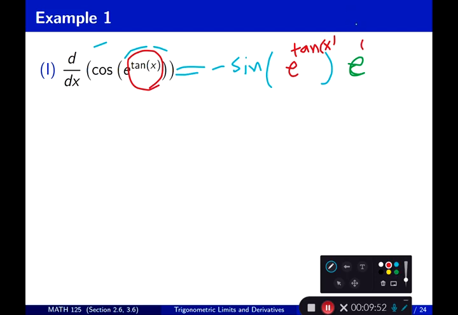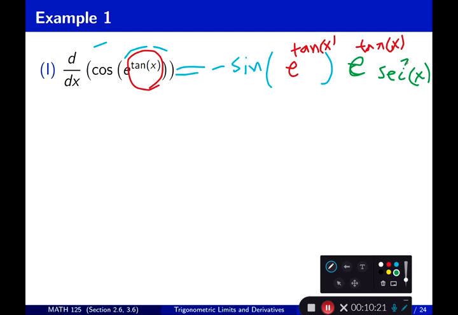The inner function of this part is tangent of x. Then I have to have the derivative of tangent of x. Derivative of tangent of x is going to be the secant squared x. So it's sort of peeling layers of an onion.